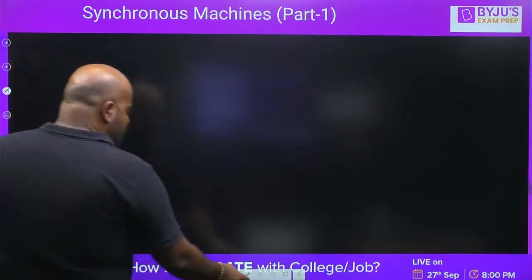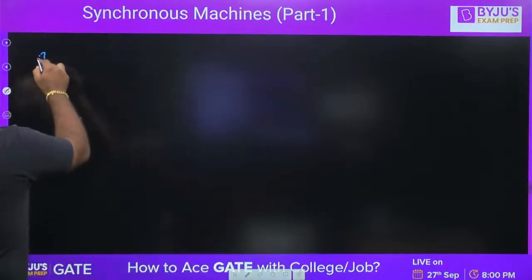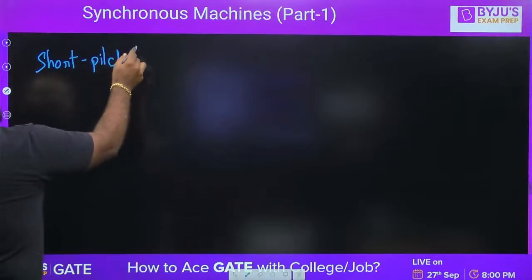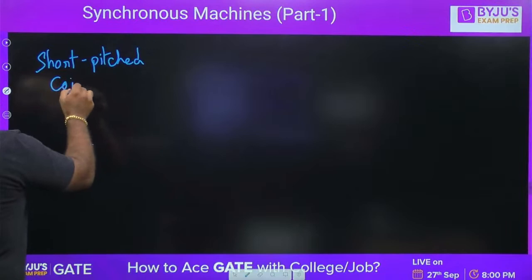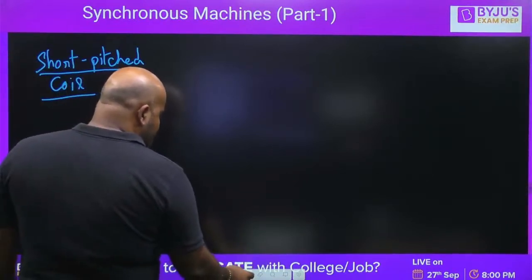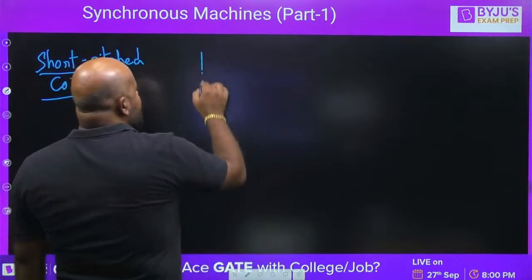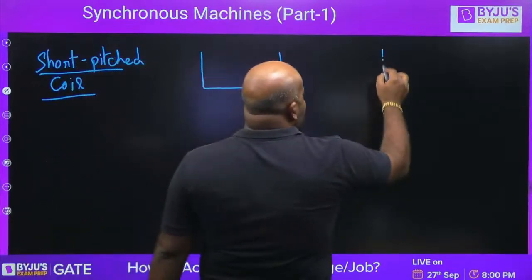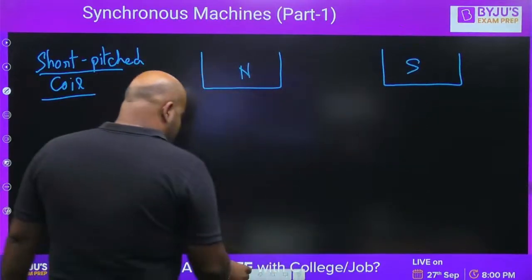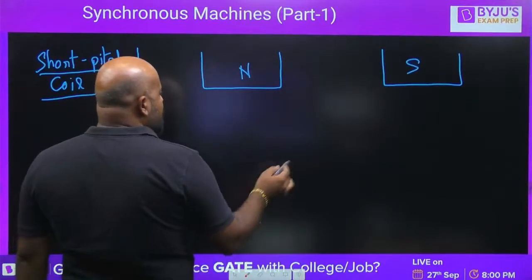Now suppose we have a short pitched coil. Again I am trying to remove the confusion. This is the north pole, this is the south pole, and this is your coil.